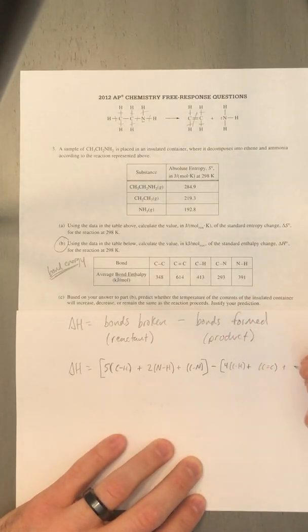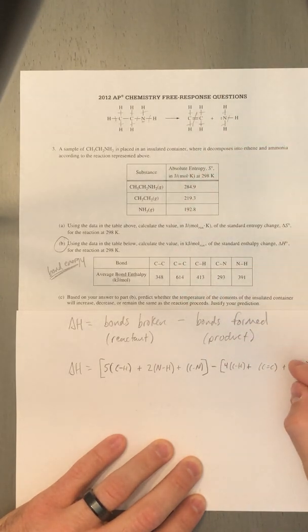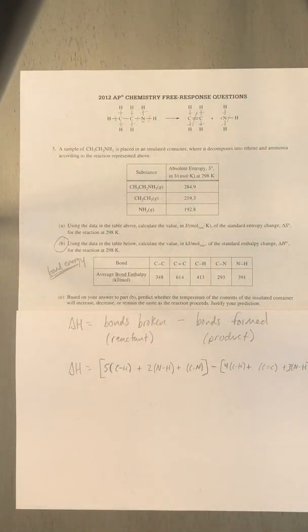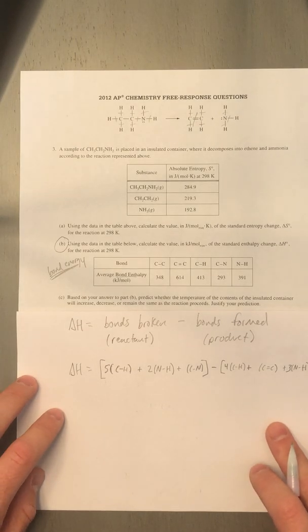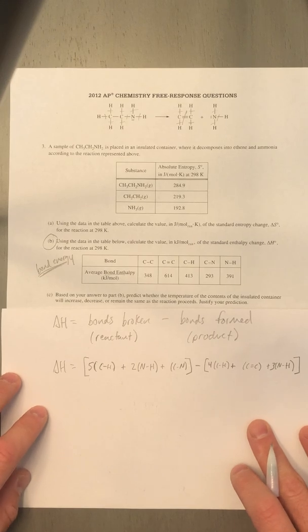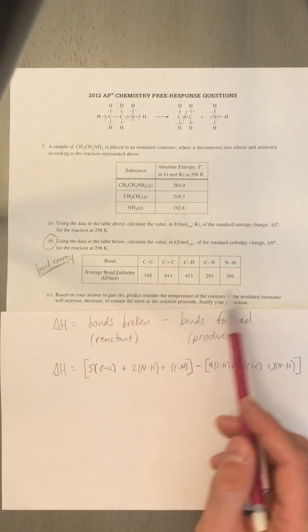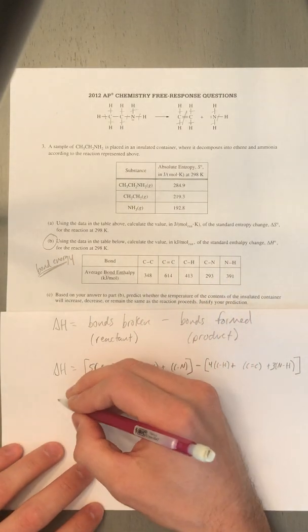And then I need to form a nitrogen-hydrogen single bond, but I've got 1, 2, 3 of those. And so again, all I do is I go through and I'm just looking at what bonds do I need to break, what bonds do I need to form, and I just list them out. And now from here, it's just a matter of taking the numbers you're given in the table and plugging them in.